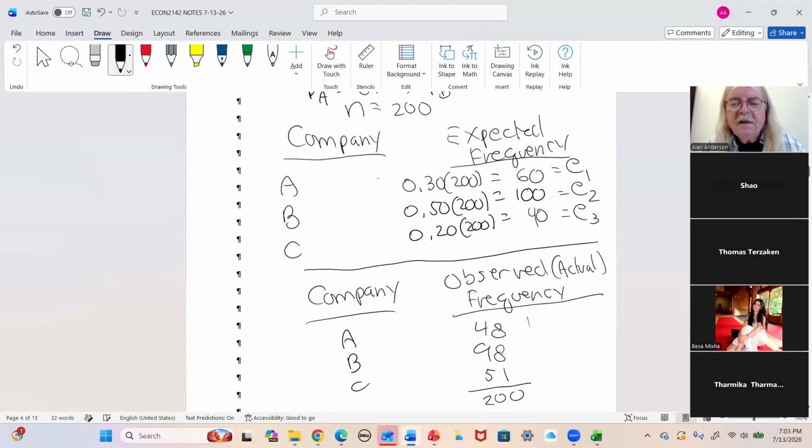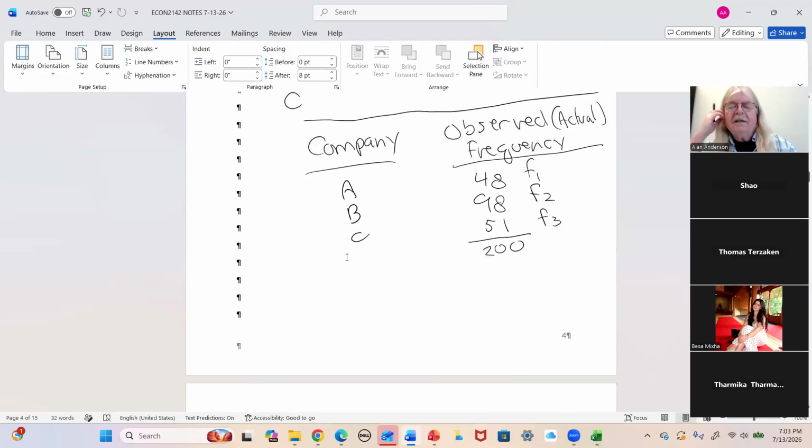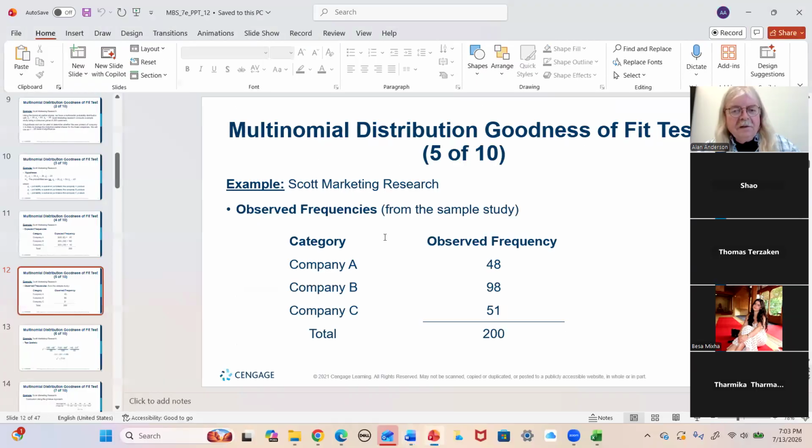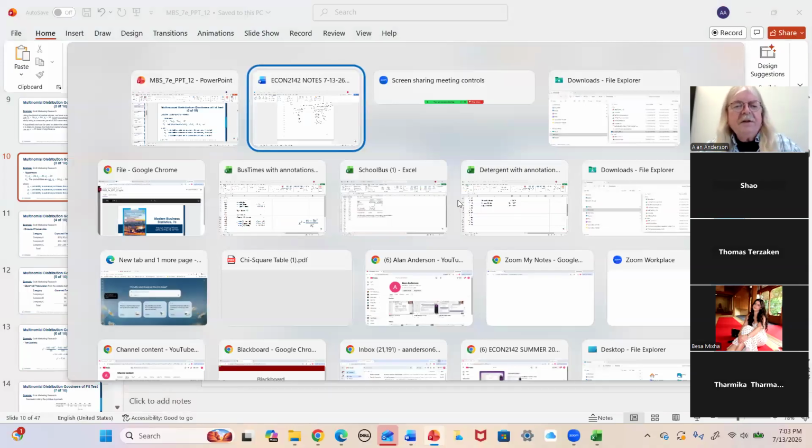Okay, so this is F1 for observed frequency, F2 and F3. All right, so finally we can calculate the test statistic. So the null, by the way, and an alternative, I guess we could express this in a few different ways.